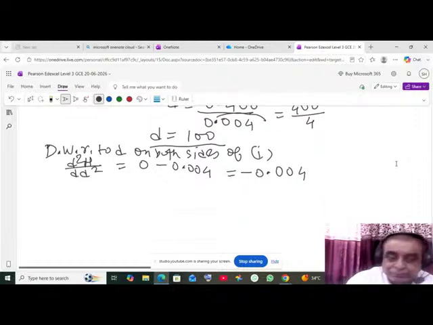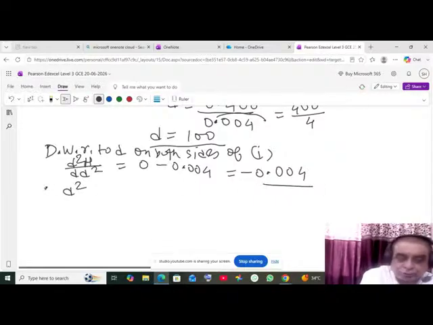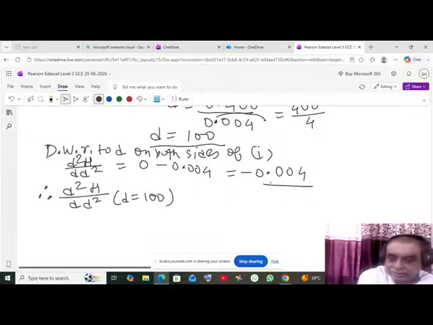When we put the value of D in this expression, there is no D here. So the value of d squared h upon dD squared when the D value is 100 is a negative number, minus 0.004, which is less than 0.